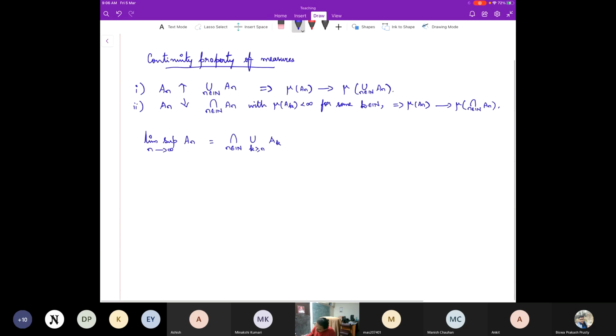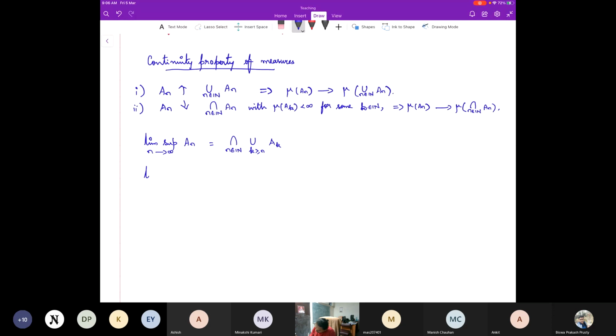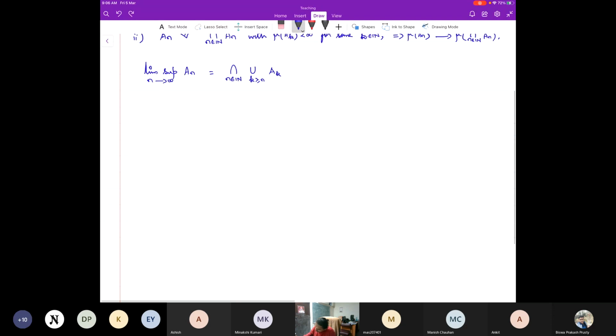And similarly, we defined lim inf, just defined as union over n in N, intersection over k greater than or equal to n, of A_k.